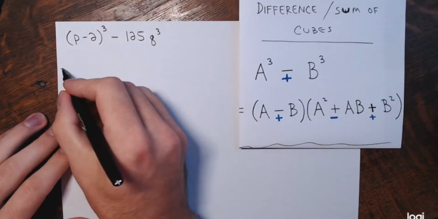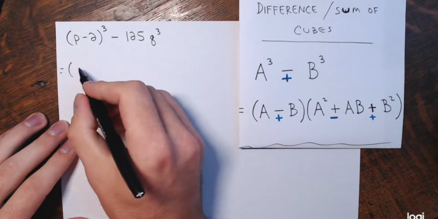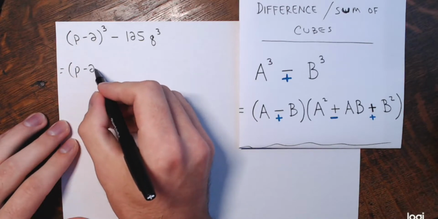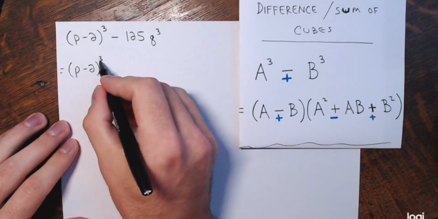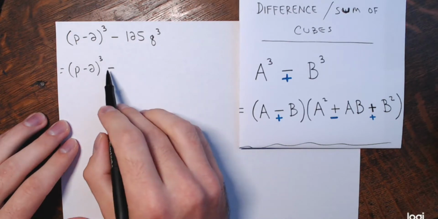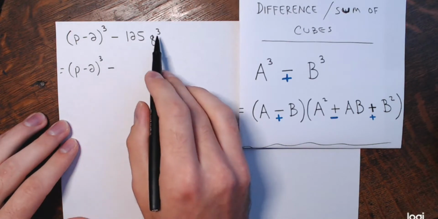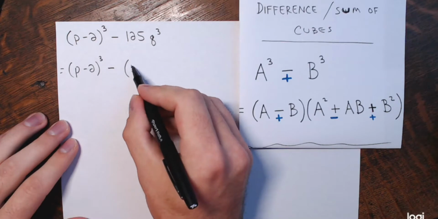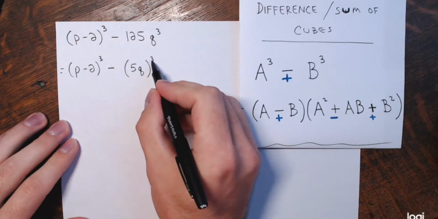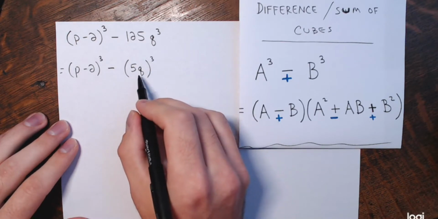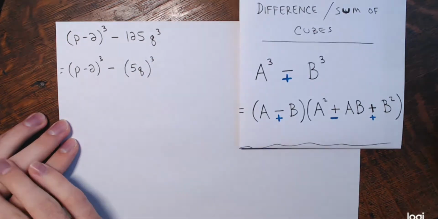All right, so this first term before the minus sign is obviously a cube, right? This quantity p minus 2 to the third power minus, and then 125 times q cubed would be 5q to the third. 5q times 5q times 5q would be 125q cubed.